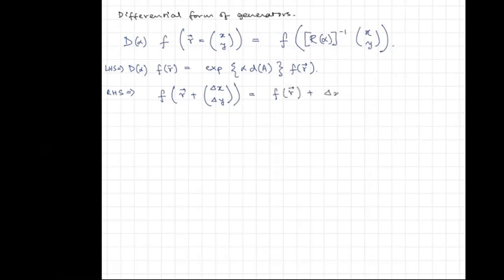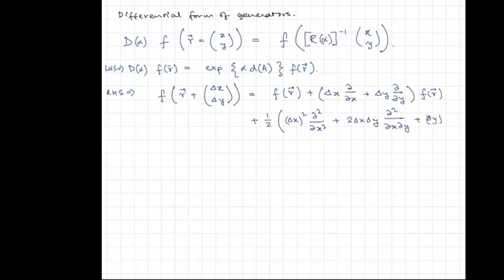So this is delta x del x plus delta y del y acting on f of r, plus the higher order things as well: half of delta x squared del squared over del x squared, plus twice delta x delta y del squared over del x del y, plus delta y squared del squared over del y squared, acting on f of r.